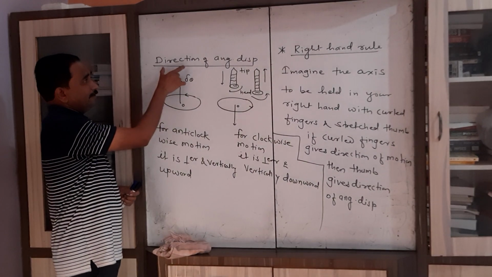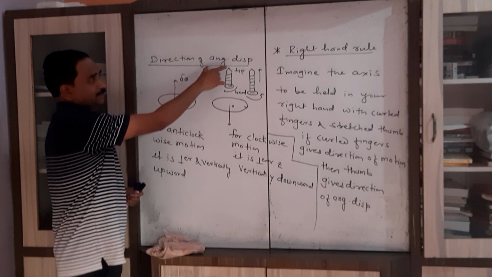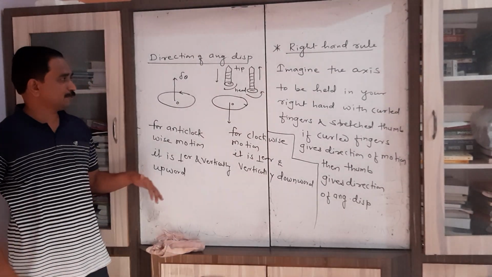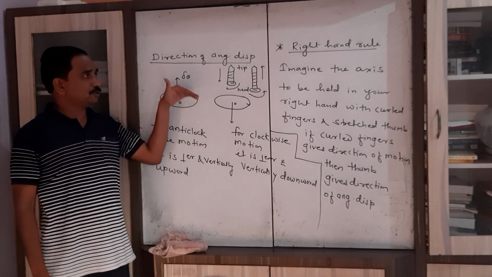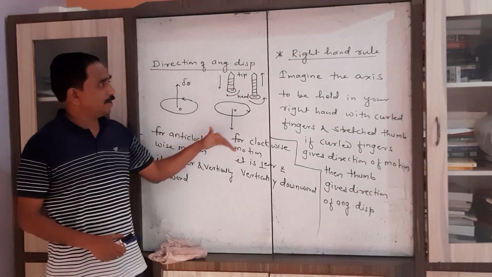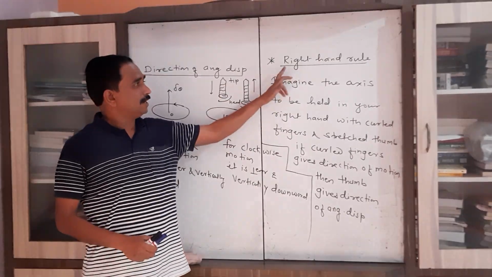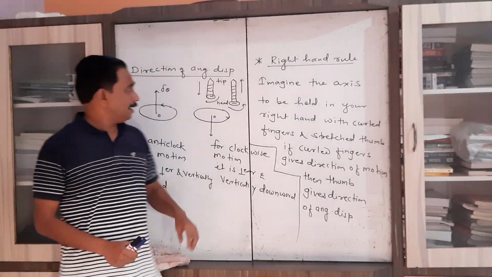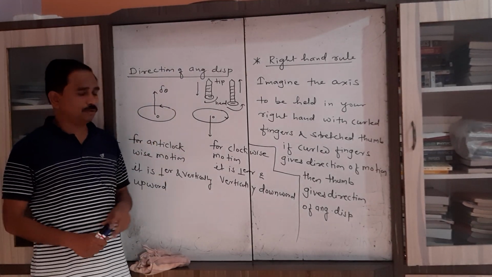Now we consider the direction of the same physical quantity, that is the angular displacement. The direction of angular displacement is given by two rules, the right hand rule and the right hand screw rule.